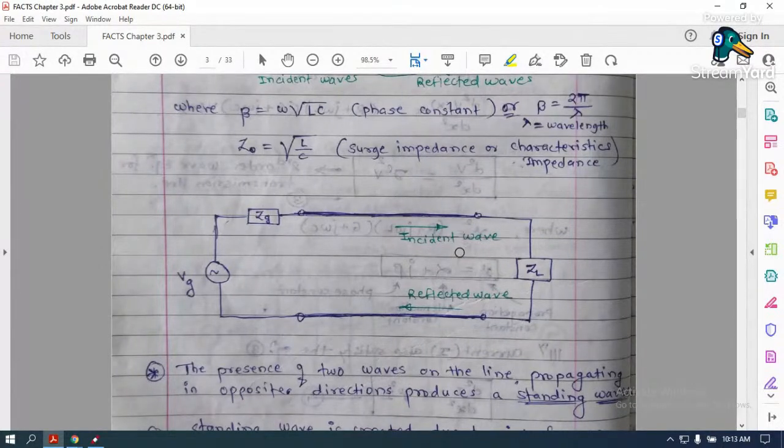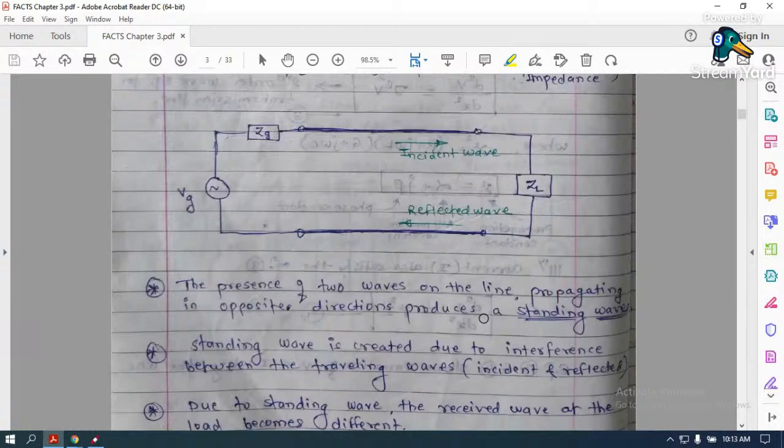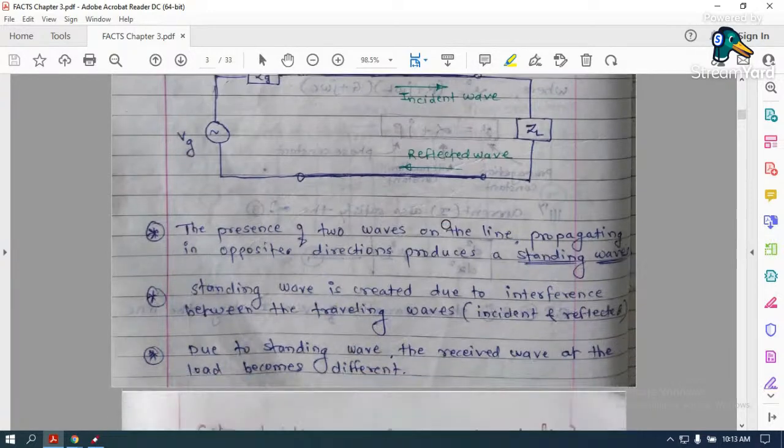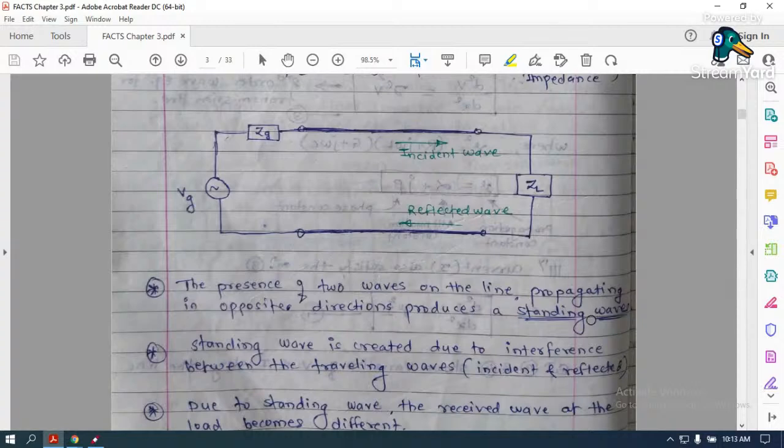We have seen this diagram also: from source to load side there is an incident wave, which gets reflected back, called the reflected wave. Because of the interference between the incident wave and reflected wave, there will be a traveling wave ratio, and together these incident and reflected waves can be called standing waves.